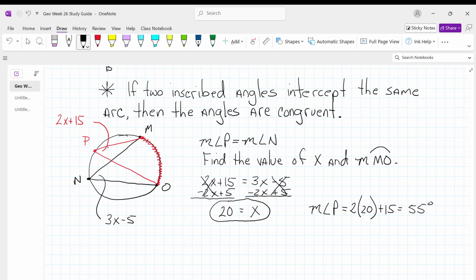So if the measure of angle P is 55 degrees, then the measure of arc MO is equal to 2 times 55 degrees, or 110.